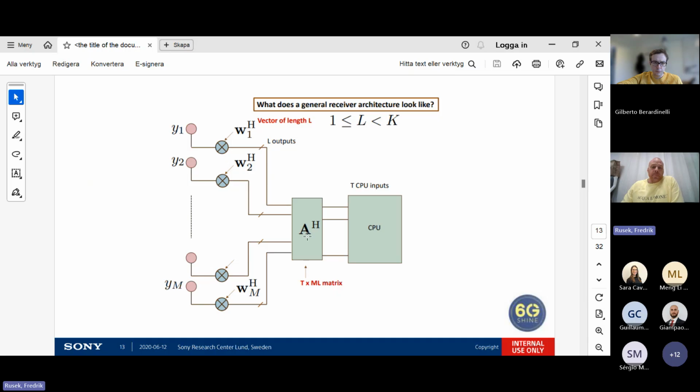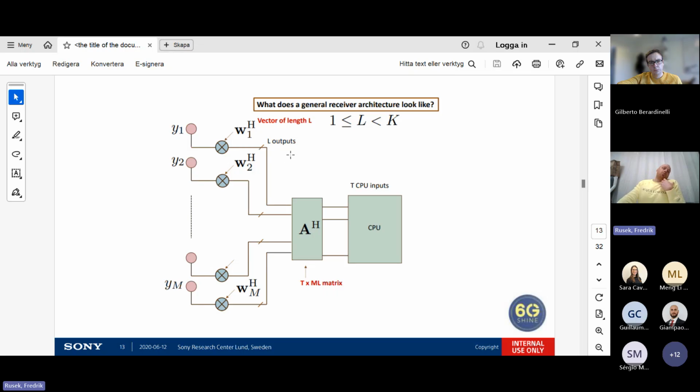The number of CPU inputs is given by the dimension of this matrix A Hermitian. If A Hermitian has T rows, it implies that my CPU has T inputs. And the number of columns of A Hermitian has to be the number of antennas M multiplied by the number of outputs per antenna L.